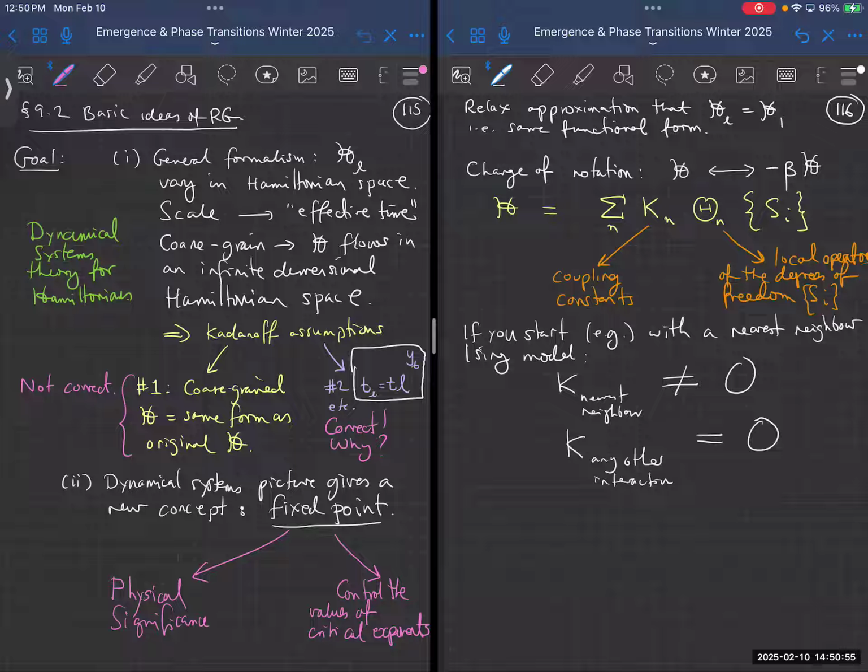That's what you would say. So you just say that the Hamiltonian is just minus J sum over nearest neighbors, S_i S_j. That would be your Hamiltonian.